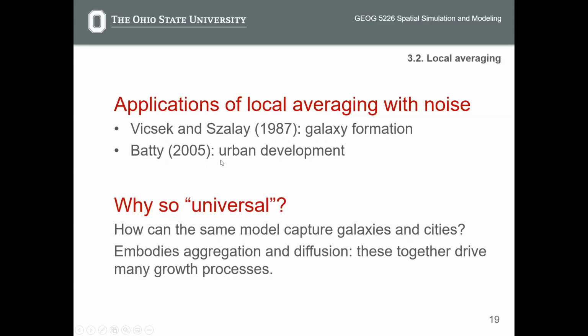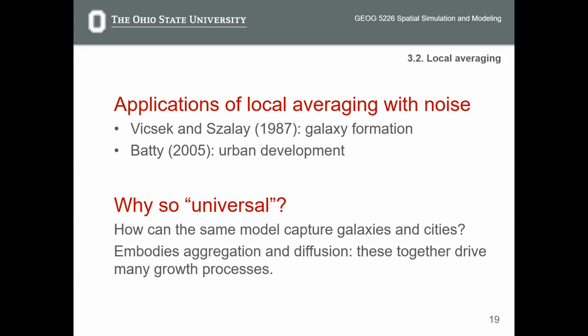You can use it to simulate urban development, and you can use it to simulate galaxy formation, because the background mechanism of galaxy formation and urban development is the same: the aggregation and segregation of something. It embodies aggregation and diffusion, or diffusion is another word for segregation. These together drive many growth processes, the growth of cities, the growth of the universe.